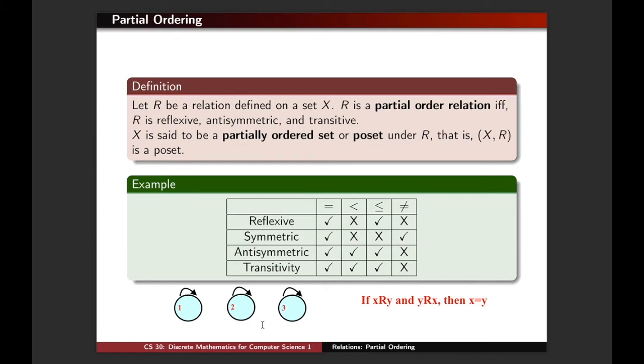So why do we say that it is still antisymmetric? Notice here that the only case where X relates to Y and Y relates to X is if both cases refer to the same arrow, right? So if X relates to Y, it's this arrow, and Y relates to X is also this arrow. So that is the only case where this will be true, no? And in that case, X is just equal to Y.